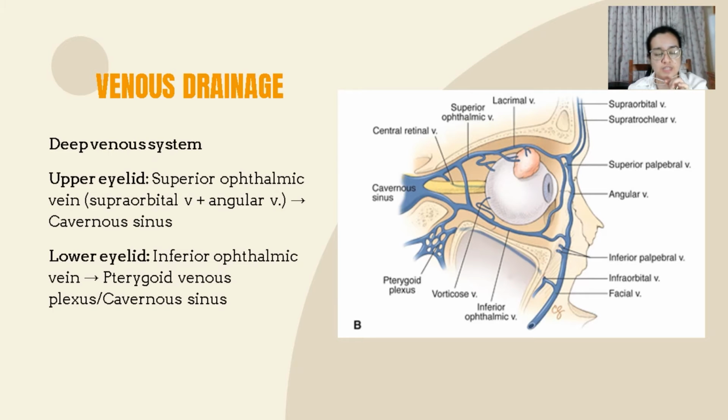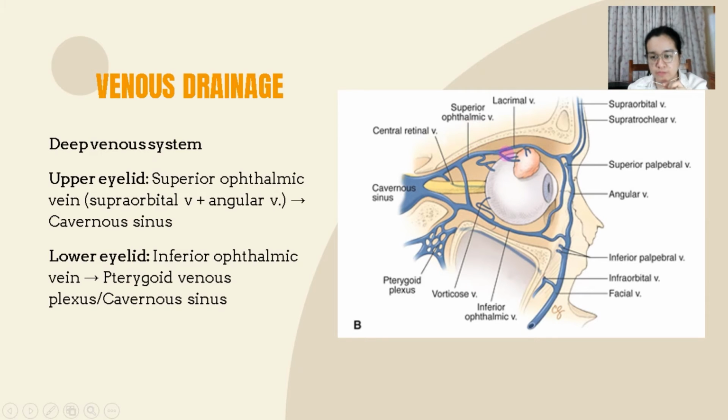So the deep venous system draining the forehead, the eyebrow, and the upper eyelid is via the supraorbital vein, this one, which courses with the frontal vein or the supratrochlear vein, and it courses into the superior ophthalmic vein, this one.